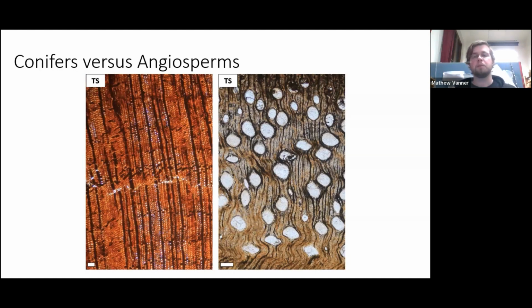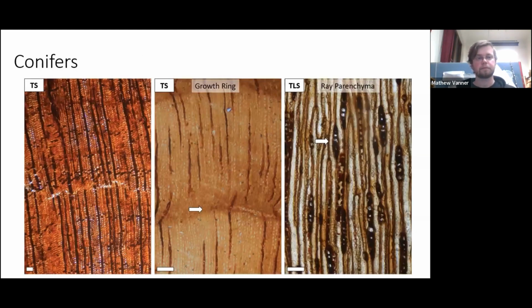Whereas in the angiosperms, you have a much more diverse range of cellular types, including vessels, once again tracheids, axial parenchyma, rays, but you also have fibers and a number of others on top of that.